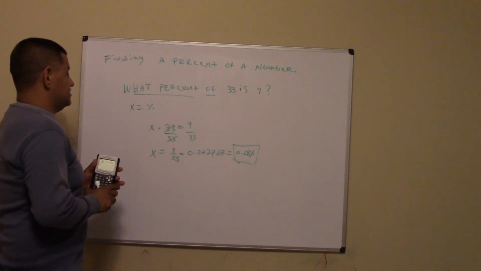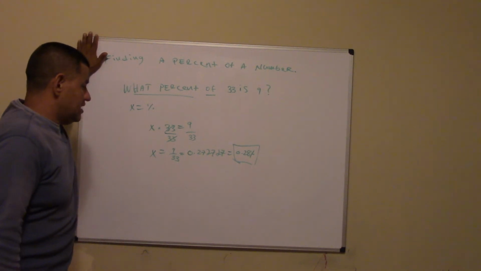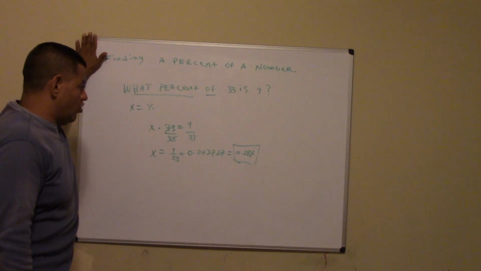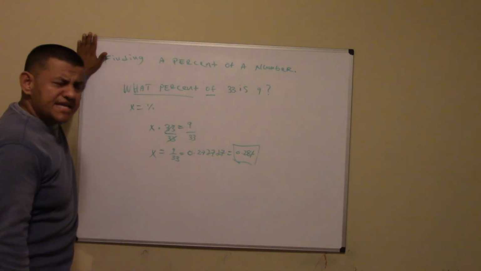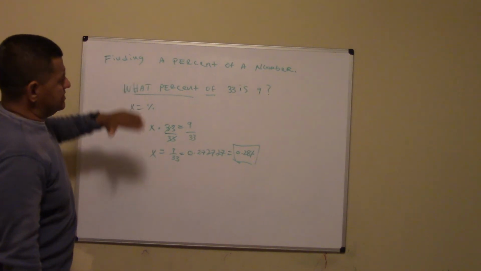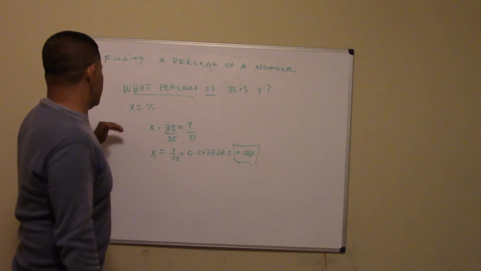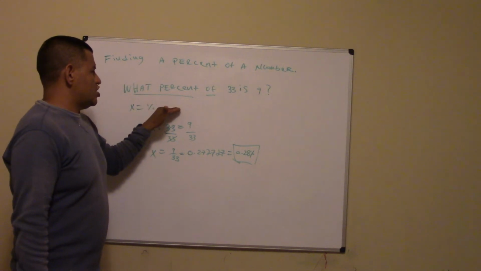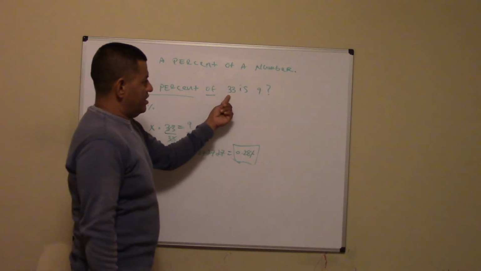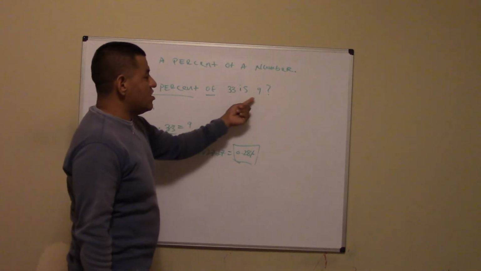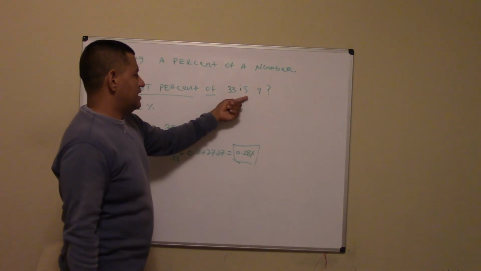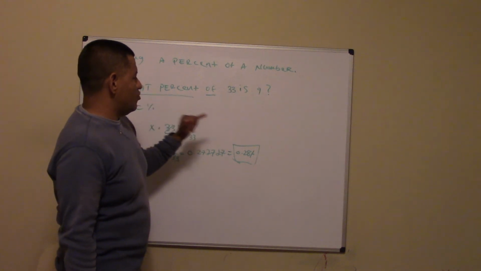I think that this makes sense, and I hope this helped anybody who was taking basic mathematics. And again, this is basic percentage. We found the percentage of a number when another number is given. Technically, what are we saying right here?